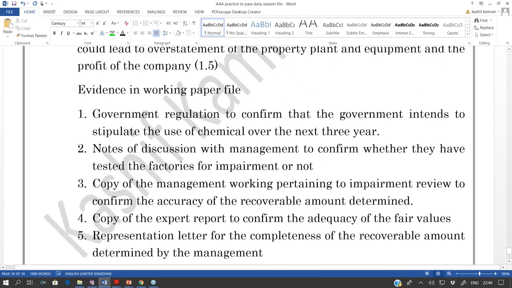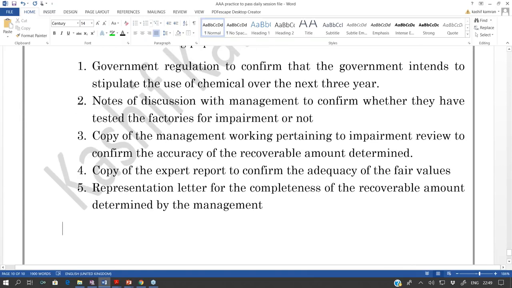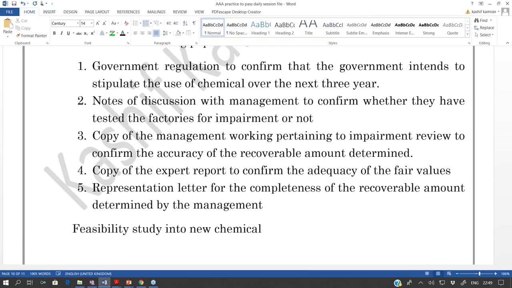Then comes the second heading. The second heading is the feasibility study into new chemical. Feasibility study into the new chemical, right?